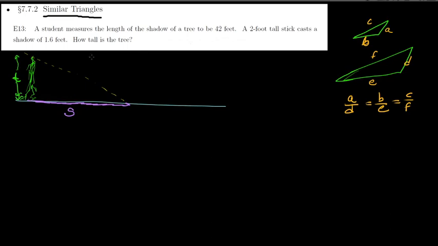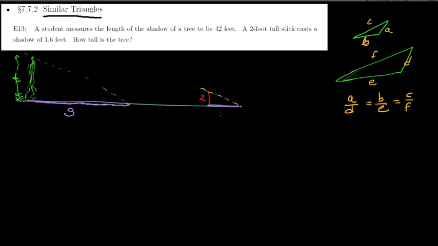Now, there's a separate part of this. We have a 2-foot tall stick sticking out of the ground. So this stick here is 2 feet tall, and the sun's rays create a shadow here, also purple.